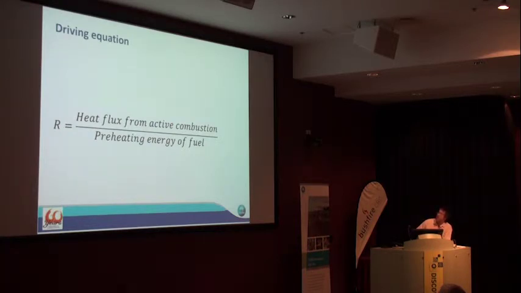This is basically the equation we use, a simplified form. Essentially, the rate of spread is a function of the energy being released by the active combustion and the energy required to ignite the fuels. The denominator is the simple part, really a function of the fuel size and the moisture content.